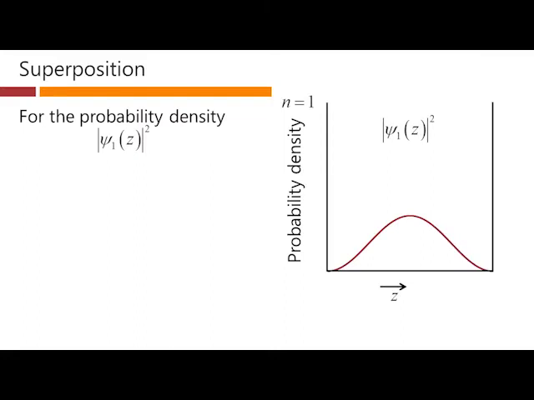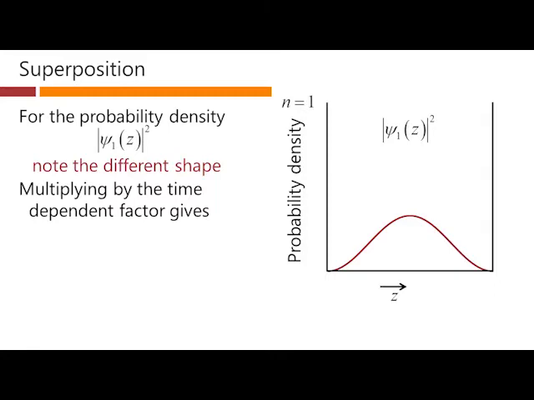And the probability density of that wave function, the square of it, now becomes much flatter as it goes towards the corners here, and it's generally a somewhat narrower distribution. For this wave function, of course, if we multiply by the time-dependent factor, as we've been drawing before, we get this form here with the e to the minus i E1 t over h bar.